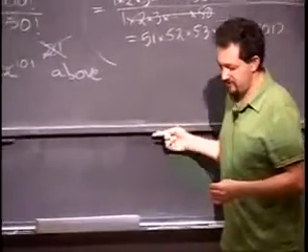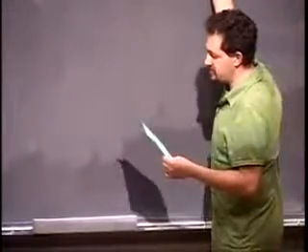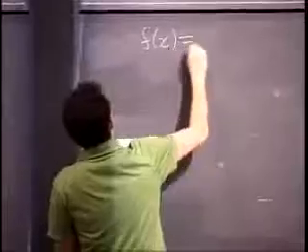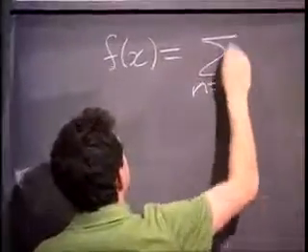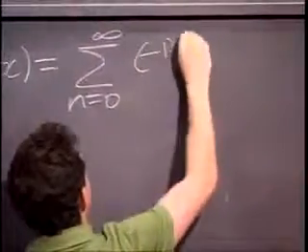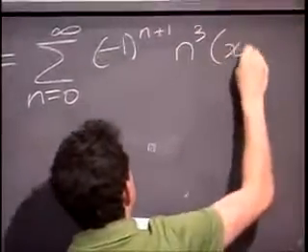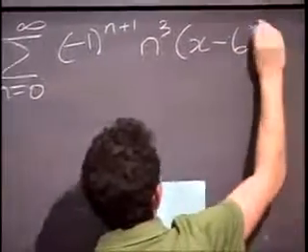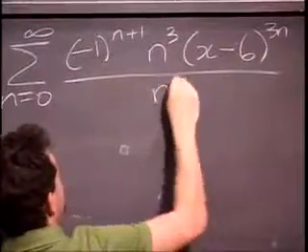All right, better do one more example. Sometimes these things come in sigma notation. So if I just define a function for you by a series, suppose I define f of x is the sum of (minus 1) to the n plus 1 times n cubed times (x minus 6) to the power 3n, all over n factorial.